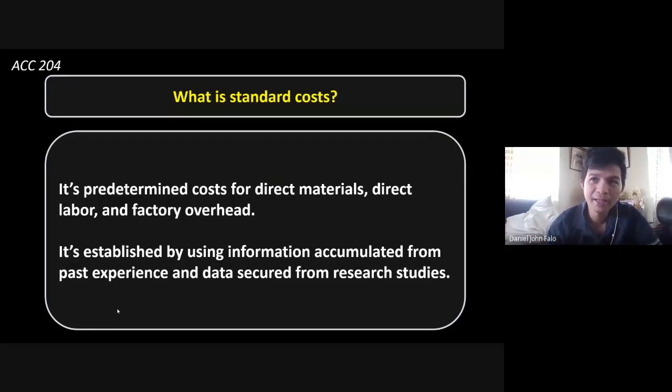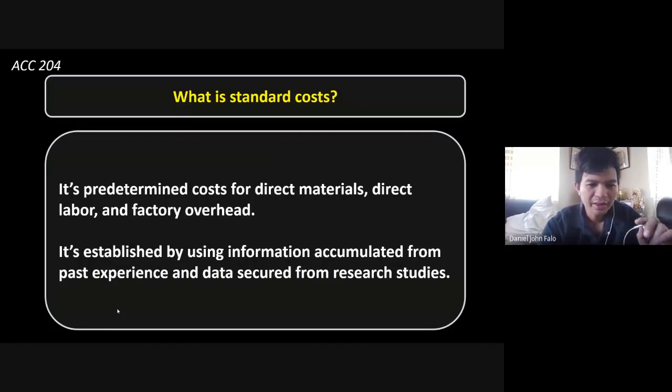Kasi the plan or the budget must be made before the start of the production. So kung kailangan siyang magawa, hindi pa naman tayo nabili ng materials, hindi pa tayo nagbabayad ng labor, hindi pa tayo nag-i-incur ng factory overhead. Wala tayong hawak na unit cost para dun sa ating manufacturing cost.